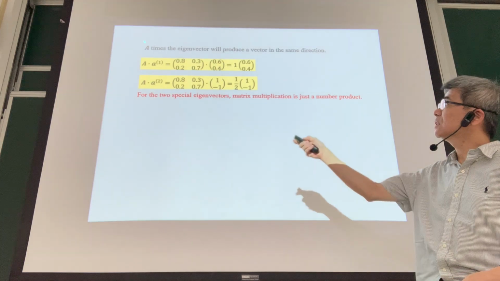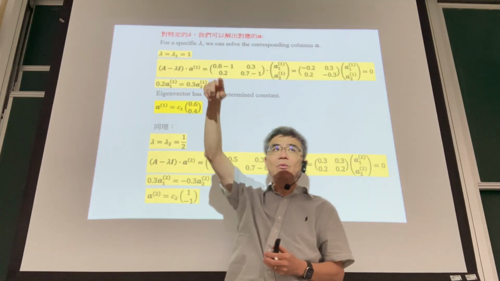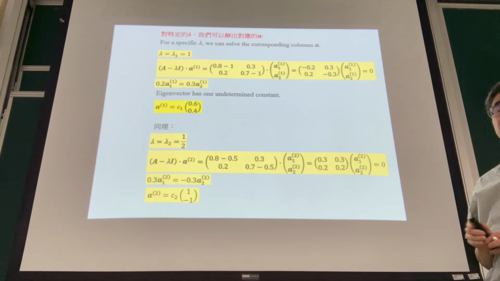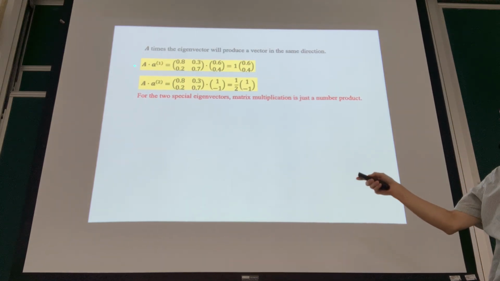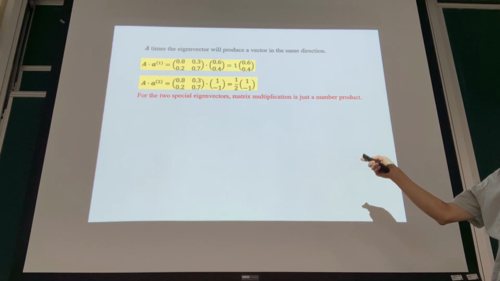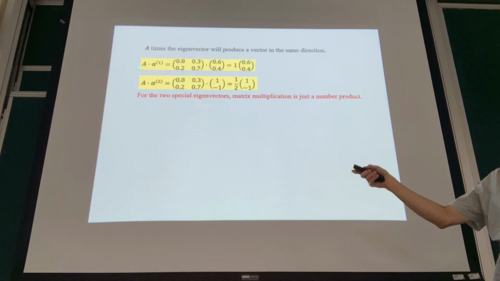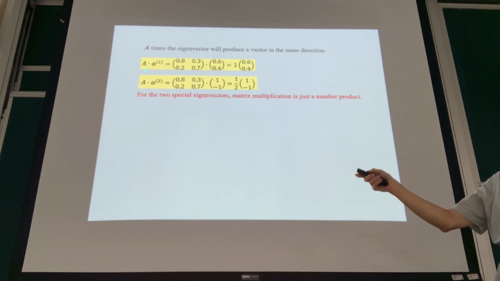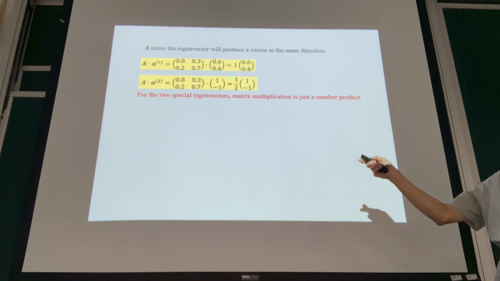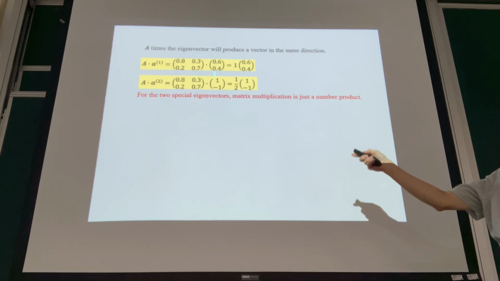Therefore, I use the index to signal lambda 1 corresponding to A1 upper index. Then it becomes A times the first eigenvector is equal to eigenvalue 1 times the same eigenvector. For the second eigenvector, A times the second eigenvector is equal to 1/2 times A2, 1 minus 1. That's the final result.